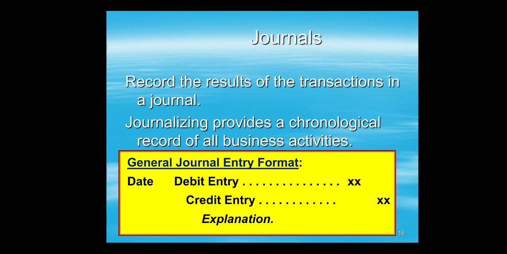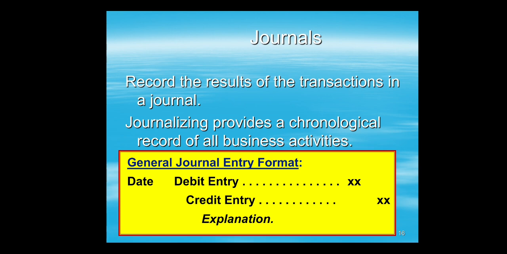Every time you want to record a transaction in the general journal, the first thing that you have to write is the date. See the first thing on the left side of the box. You have to write the date, and then you have to show the debit entry, or the account that you debited, and then the XX in the yellow box is the amount related to the account.